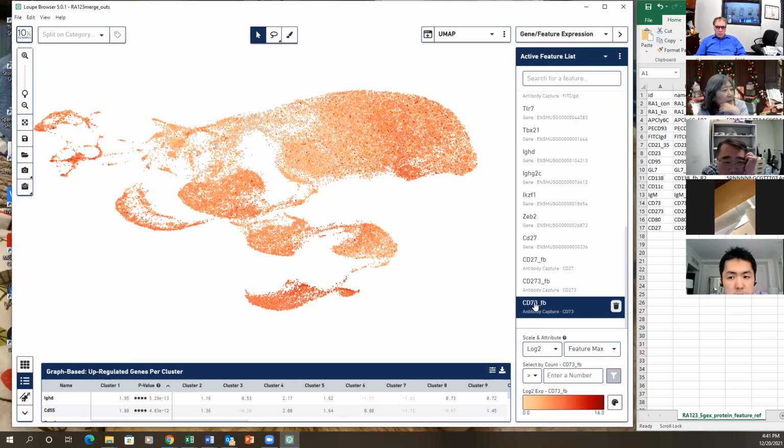Not that obvious either. 73 seems like it can stay more maybe here, but it's not so obvious. Not sure if the antibody is good enough. As it turned out, CD27 worked the best.